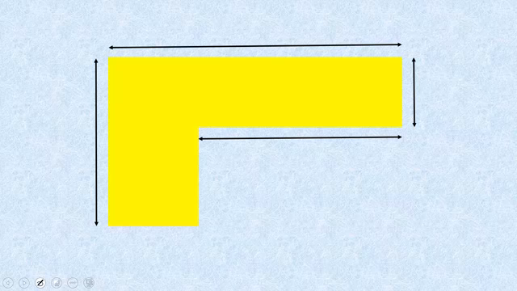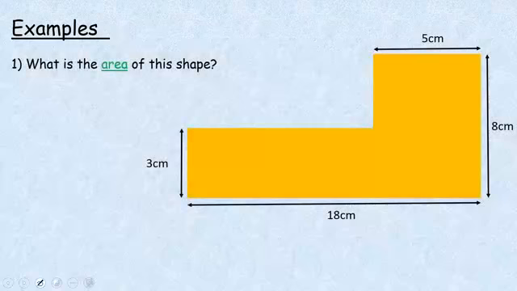Then we would split it either down that way or that way into two rectangles, and then just use the knowledge we've already got on how to find the area of rectangles and then just add the two together. So let's have a look at this one here.